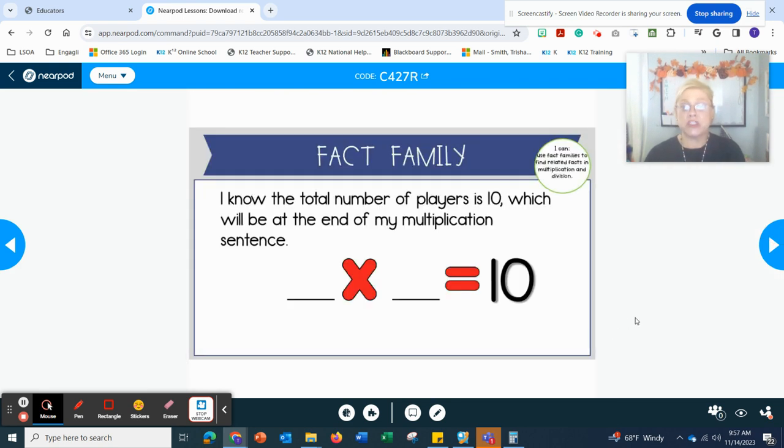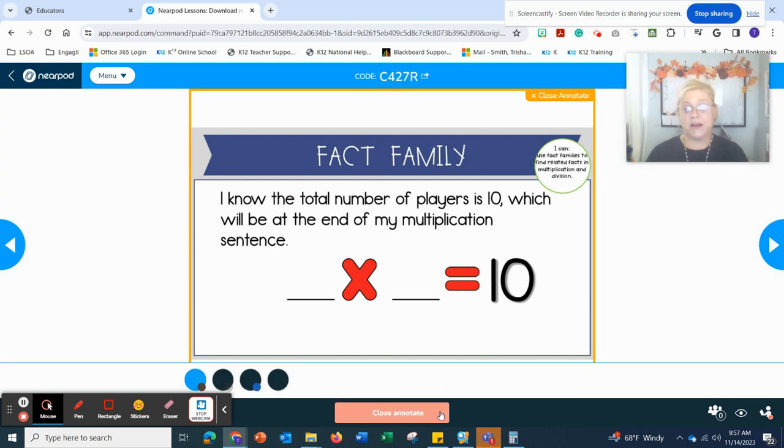I know the total number of players is 10. So which will be my n number? As you can see, I already have 10 as my n number. But where do I go from here? I've already created a multiplication problem. And so 10 is my n number.